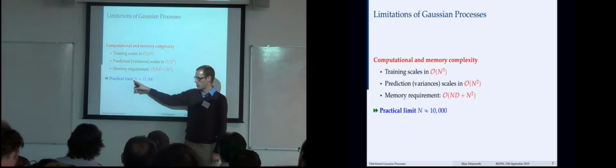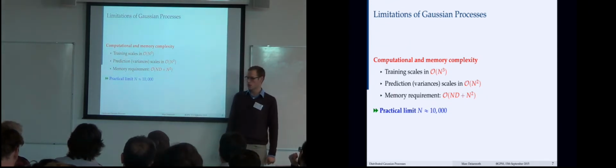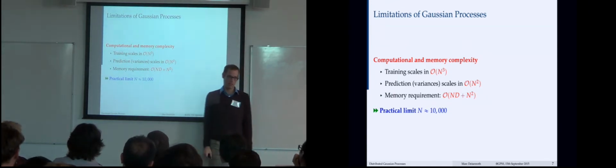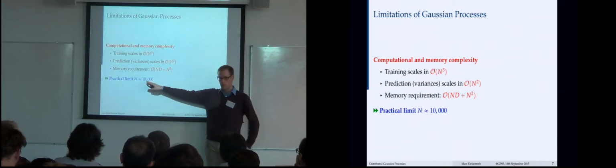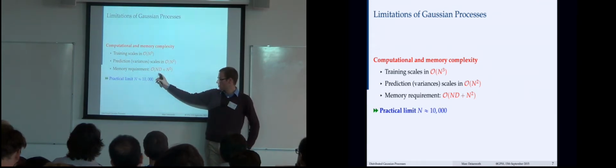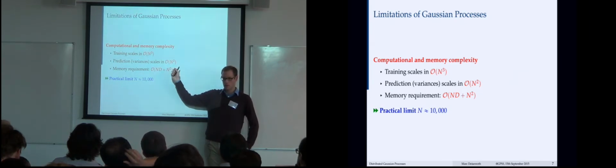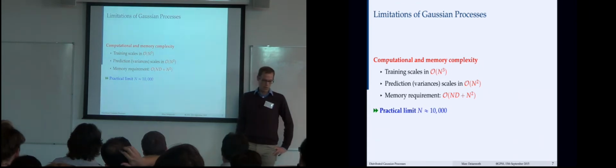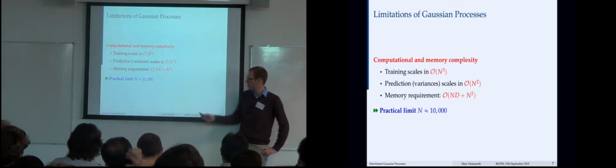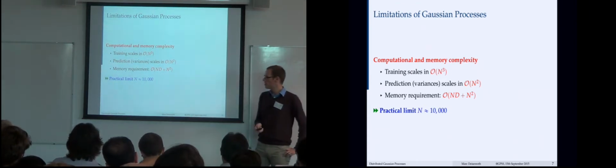So the practical limit for running full Gaussian processes is about 10,000. It can be a few thousand more or less, but that's the ballpark number where I stop working with Gaussian processes, not even mainly for computational reasons. It takes a few hours to train a Gaussian process with that many points, but my RAM just doesn't do it anymore. So that's the end.